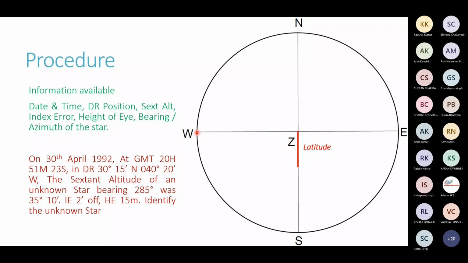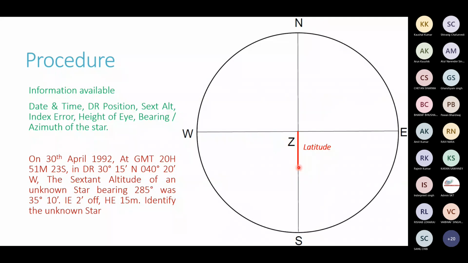The rational horizon, on the other hand, is a locus of all the points which are at 0 degree altitude. So rational horizon represents 0 degree altitude. The zenith represents 90 degree altitude. So you can easily visualize the radius of this particular diagram is 90 degrees. Taking that standard, our latitude is 30 degrees, which is approximately 1/3 of the radius. That's why you see this particular length for the latitude has been picked up, approximately 1/3 of the radius.